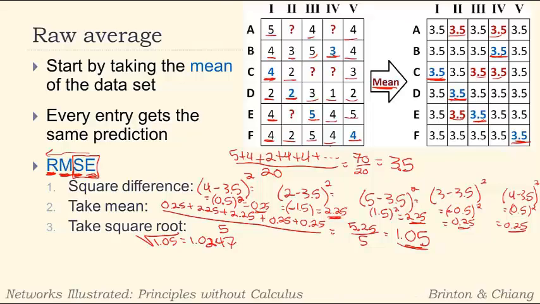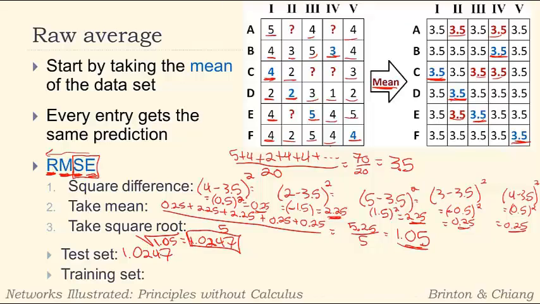What that's saying is if we multiply 1.0247 by 1.0247, we'll get 1.05. That's why it's the square root. It's just the opposite of squaring. So that's the RMSE on the test set, and that's how we compute it. We get 1.0247.